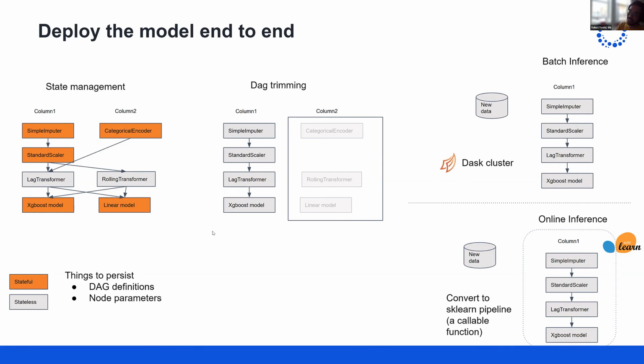So if you decide, okay, I'm going to put this particular model, this particular strategy of doing feature engineering, into production, what happens next? Our entire process of model building can be described in a directed acyclic graph.